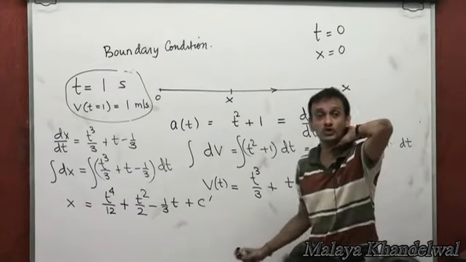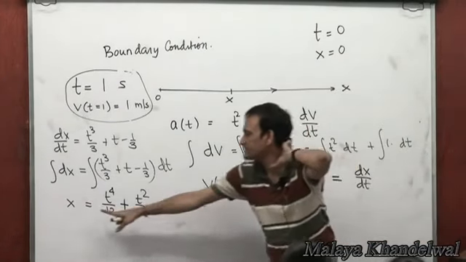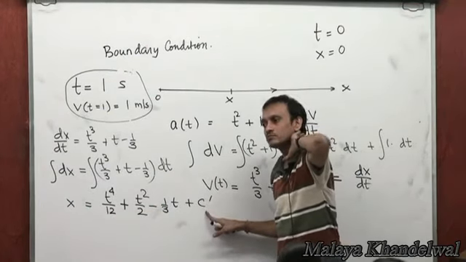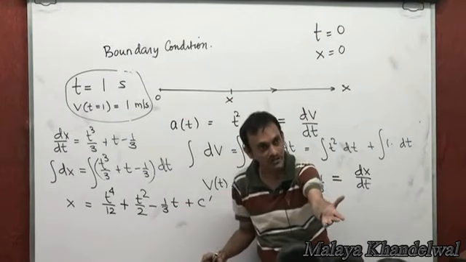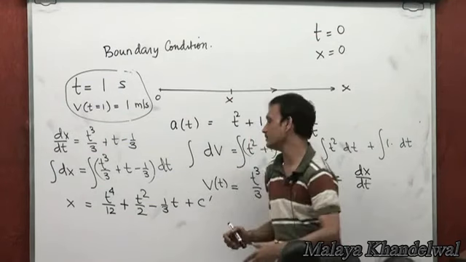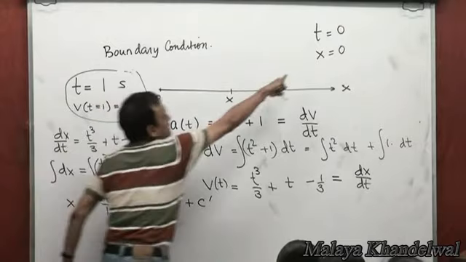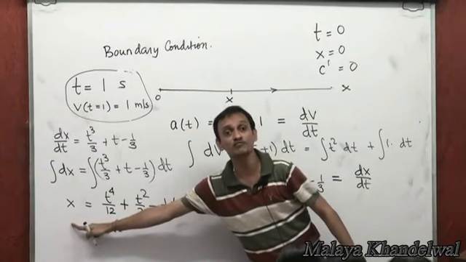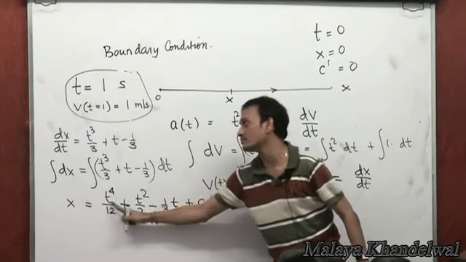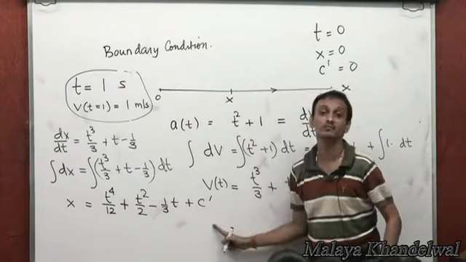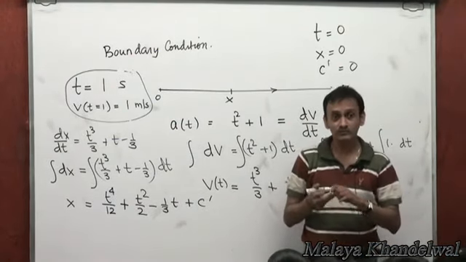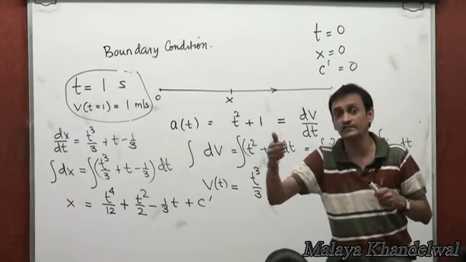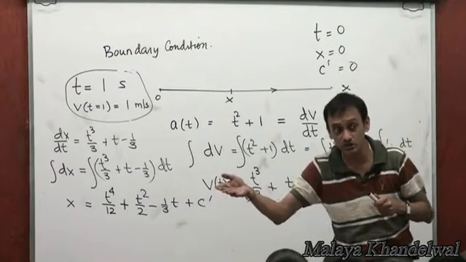All right. So when at t equal to 0, x was 0, put x as 0, t as 0, what happens to c prime? C prime turns out to be 0, right? So with this condition, c prime turns out to be 0, and then you know x as a function of time, the x coordinate of the particle as a function of time, is t to the power 4 by 12 plus 0. So you could start with x, differentiate to get the velocity, differentiate a second time to get the acceleration.